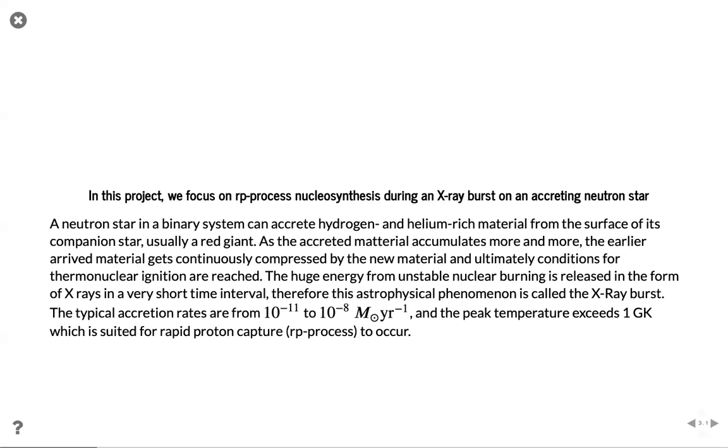In the case of X-ray bursts, the peak temperatures can exceed 1 billion Kelvin, 1 gigakelvin, which is suited for the rapid proton capture rp process to occur. In nova explosions, if you remember, the peak temperature can reach up to 450 million Kelvin.